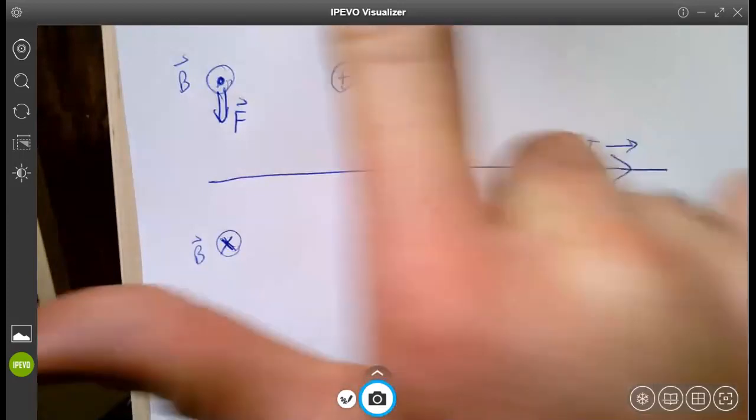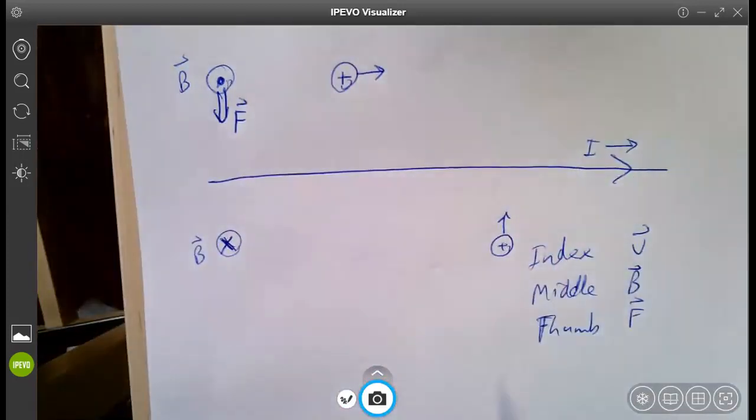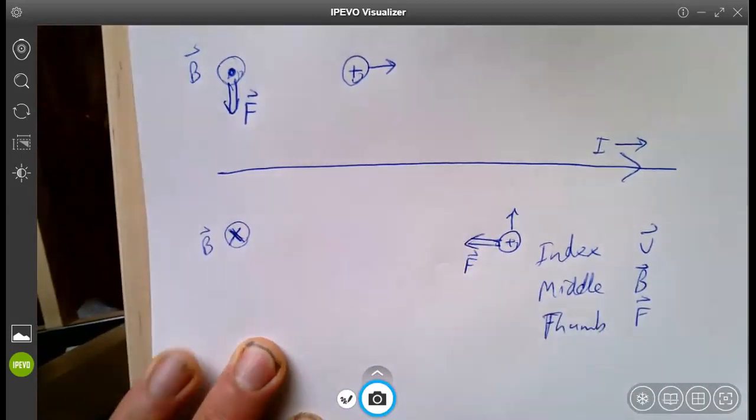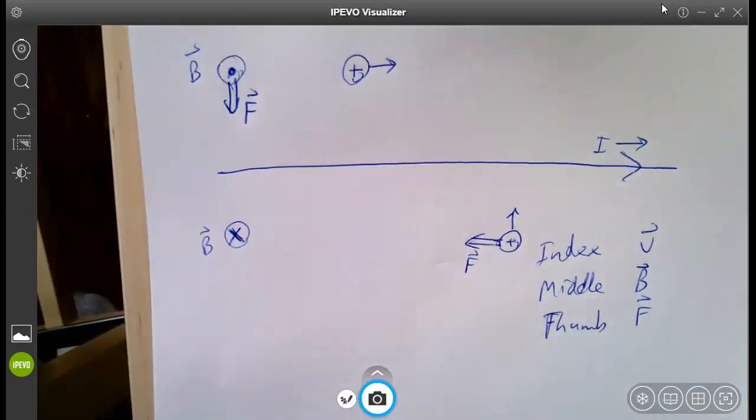Therefore, the force is going to be in this direction. Now here's the catch. For the negative charges, there's two ways of looking at it. You can either calculate everything as you would for the right-hand rule and then do exactly the opposite, or you can use a left-hand rule. Either of those is a valid approach.